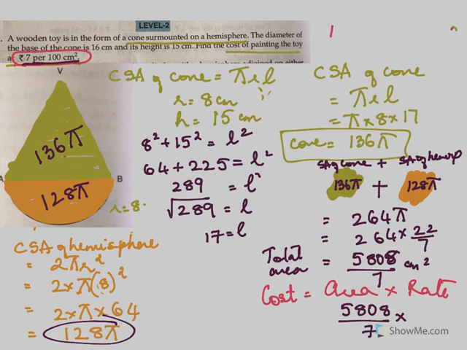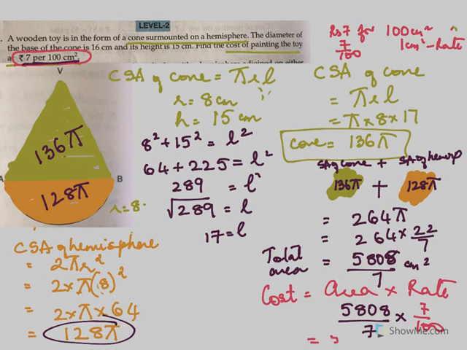So for the rate, they said rupees 7 for 100 centimeter square. We need it for 1 centimeter square. That is our rate. So for 1 centimeter square it will be 7 over 100. So for this rate, I will put 7 over 100 per centimeter square.